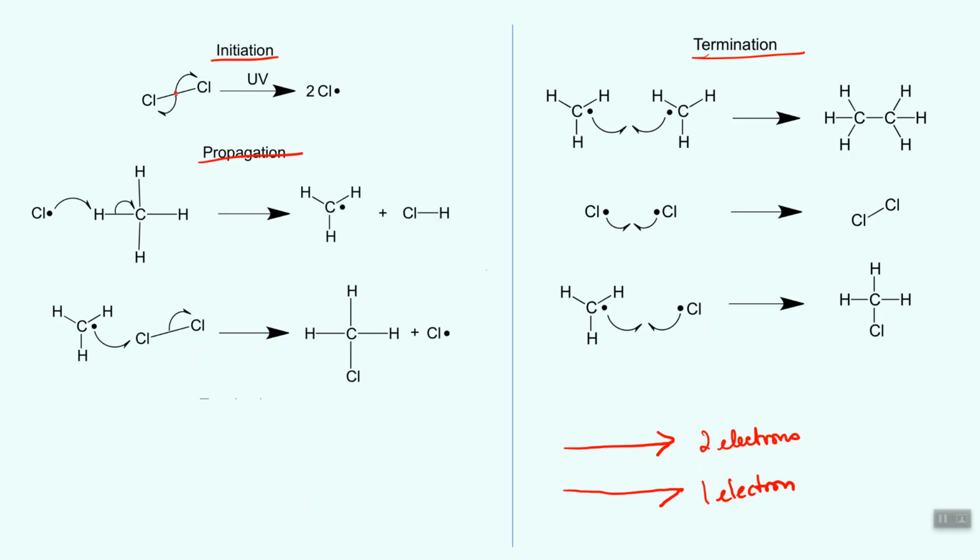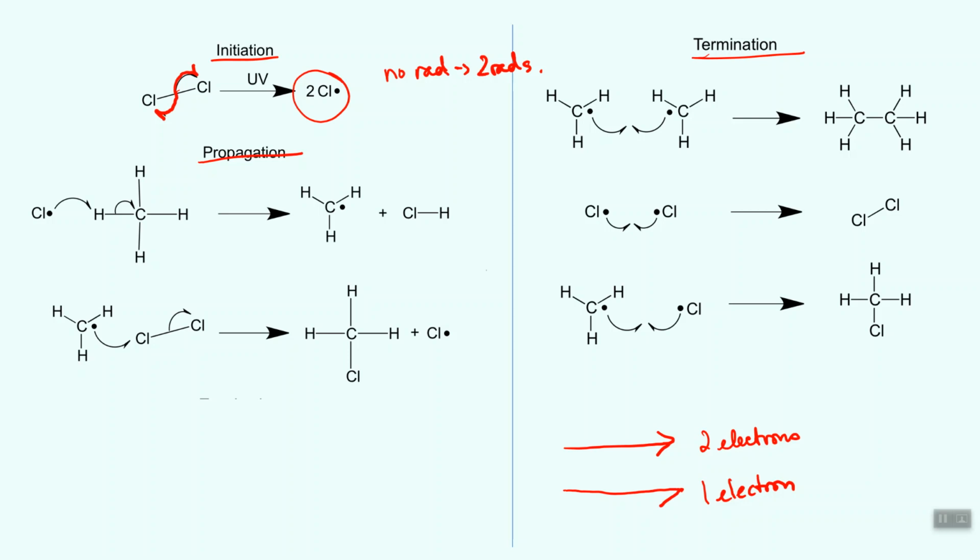So the bond breaks, one electron goes to the left and one electron goes to the right, and you end up with two chlorine radicals. This is the initiation step, because you went from having no radicals to having two radicals.